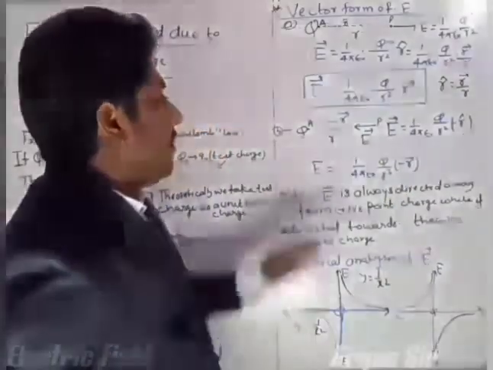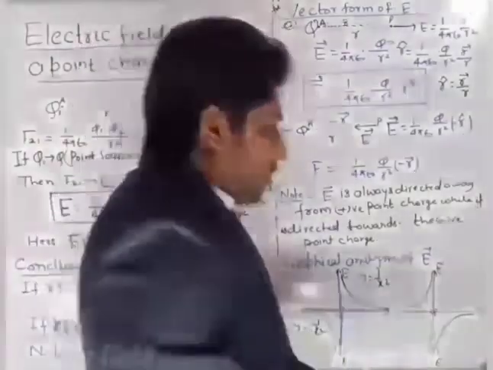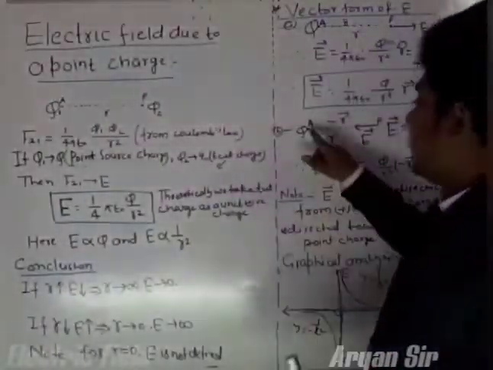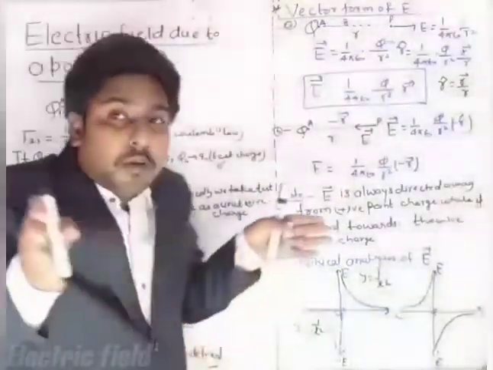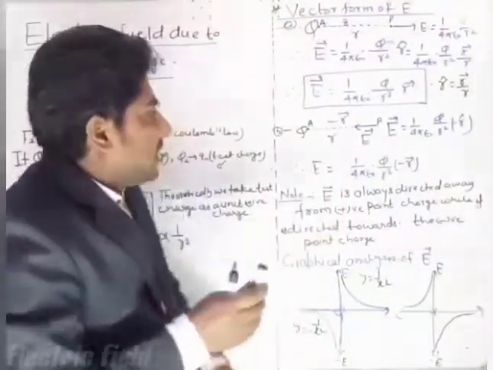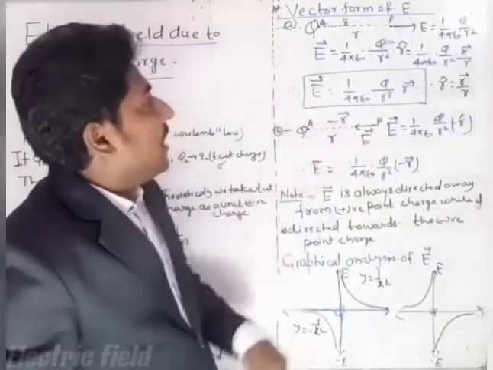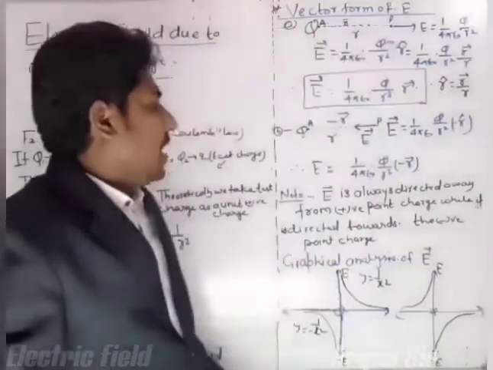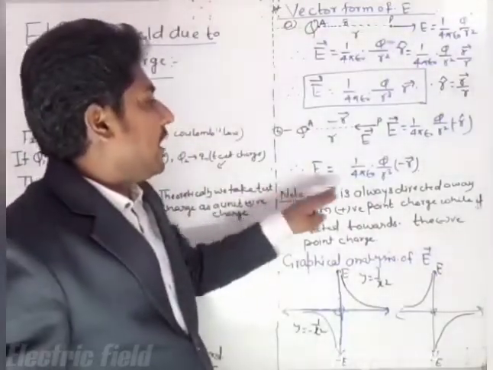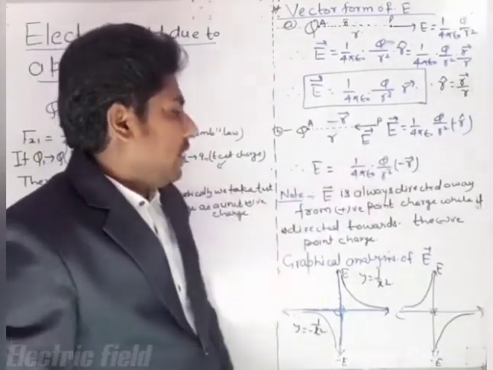If I wish to explain the same phenomenon for a negative point charge, here we see this is a negative charge and this is the test charge. So there will be a force of attraction. In this case, the electric field is directed from P to A, while in the previous case, the electric field is directed from A to P. And this expression can be written as 1 by 4 pi epsilon naught into Q by R cube into minus R vector.